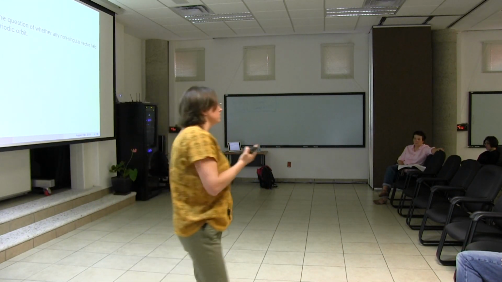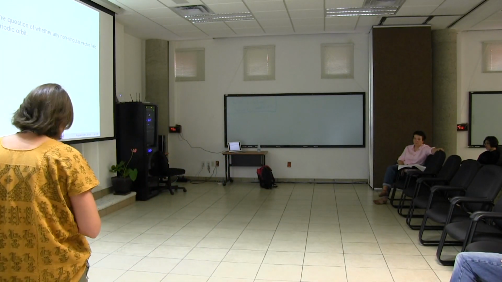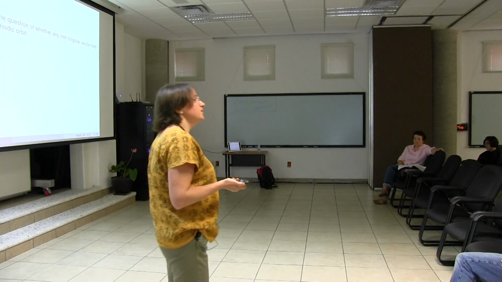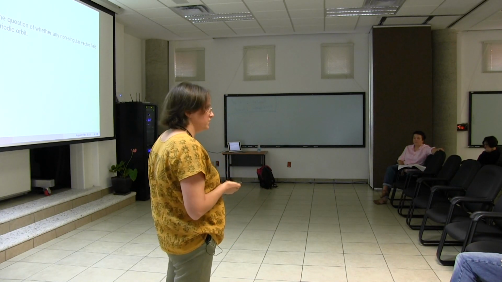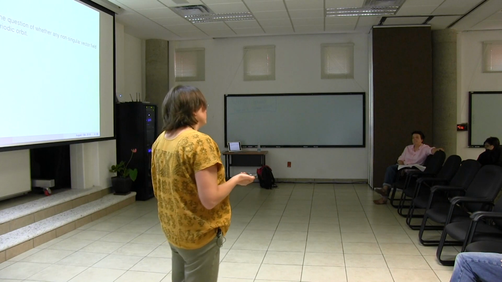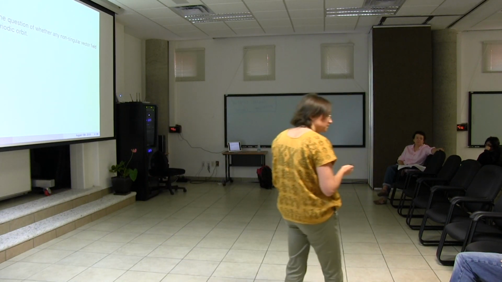And that's impossible. That doesn't exist. That's part of what I want to tell you. So he asked, well, maybe all vector fields, all non-singular vector fields on S3 have periodic orbits. And this, the positive answer to this, became known as the Seifert conjecture.